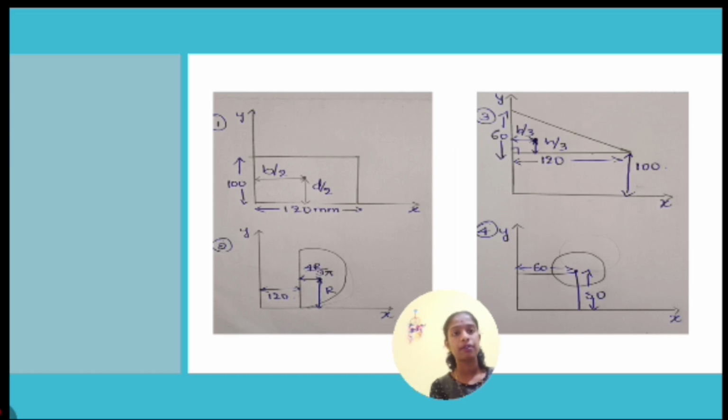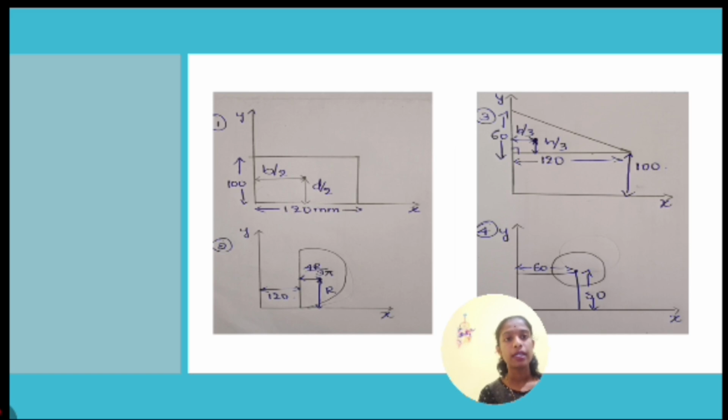For the rectangle, from the x-axis we have d by 2, from the y-axis we have b by 2, and its base is 120 and its height is 100. For the second figure, the semicircle, the centroid is located from the x-axis at r and from the y-axis at 120 plus 4r by 3 pi. 120 plus, because we have taken from the x-axis, so 120 plus 4r by 3 pi.